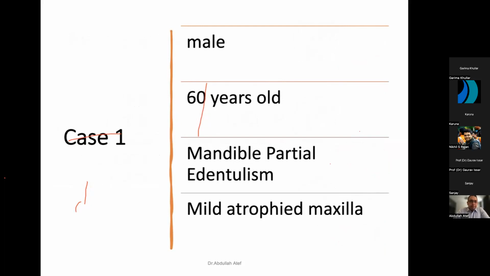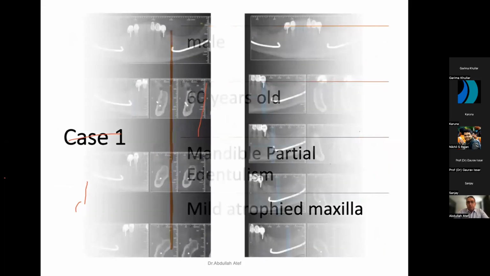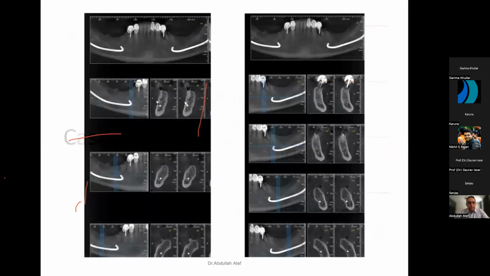First case: a 60-year-old patient with a partially edentulous mandible and a mildly atrophied maxilla, completely edentulous. Here, when we see the combined CT, we find that in the mandible the width and height are sufficient to place implants simply.